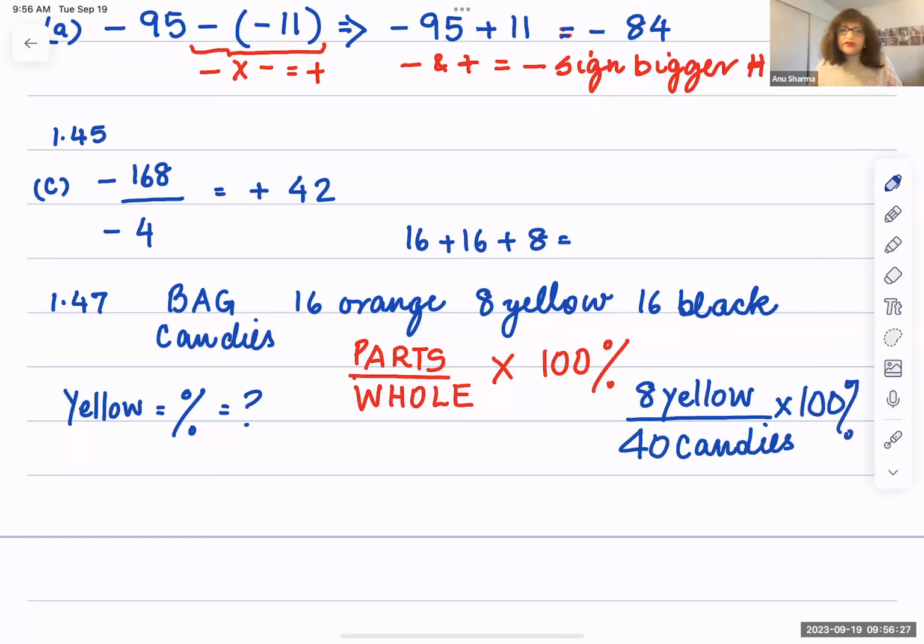So let's do this: 8 divided by 40 times 100. You should know how to do this type of problem. This becomes 20% are yellow candies. Okay, so this is the answer.